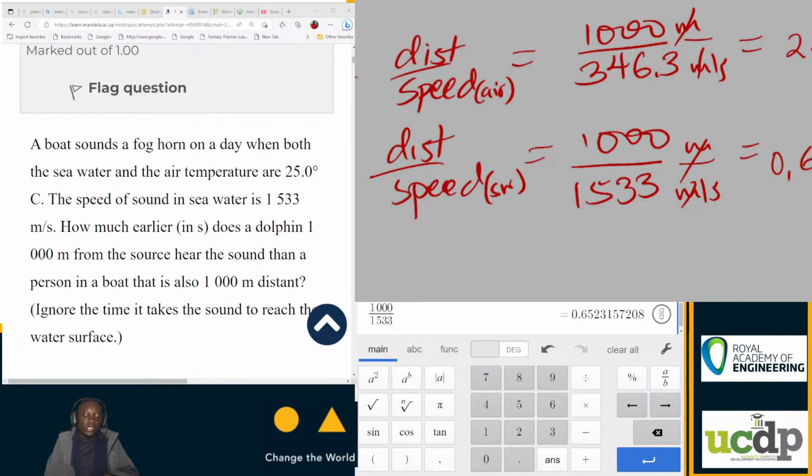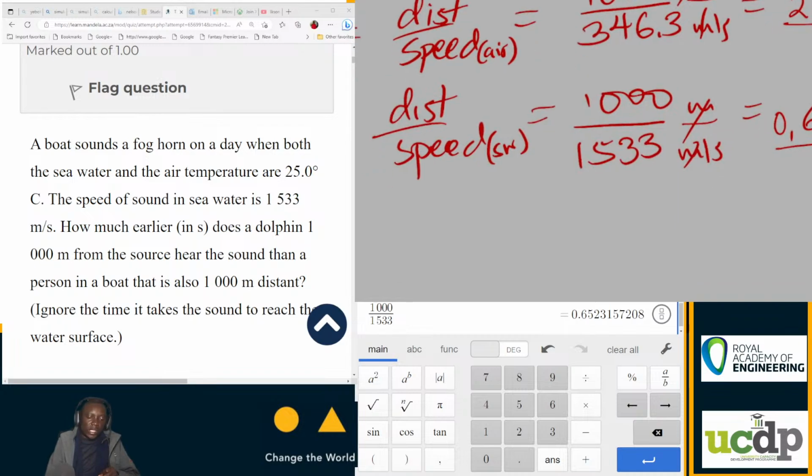So 0.65 seconds from the time the horn is sounded, the dolphin will hear the sound, and 2.89 seconds later from the time the horn was sounded, the man will also hear the sound.